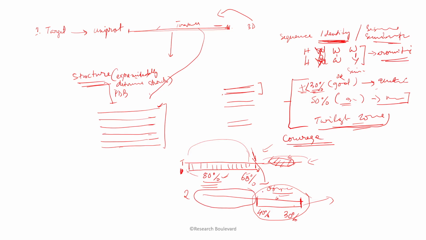Exclude all this region and build only this part of the sequence, so that you get the active site pocket, and then you can use this model for virtual screening or molecular docking. Make sense?